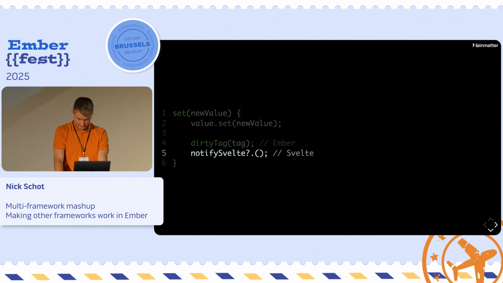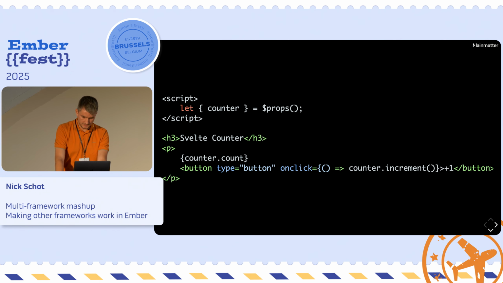And finally, we update the setter to call the notifySvelte function we just stored when the value is changed. Now both Svelte and Ember should be aware of changes to our counter, so let's try it. We'll update our Svelte component to receive the counter service as a prop, which we should not forget to pass as an argument to the Svelte bridge. The template then looks remarkably similar to the Ember component, just some small syntactic differences.